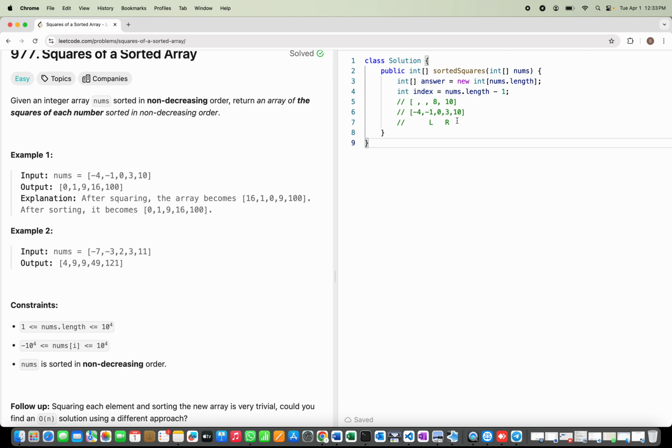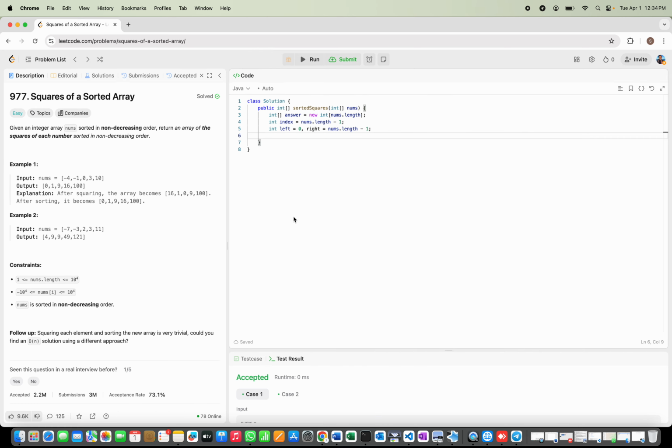Yeah, so something like that. So we're going to have to initialize left equals 0, right equals nums dot length minus 1, and then we could do while left less than or equal to right.